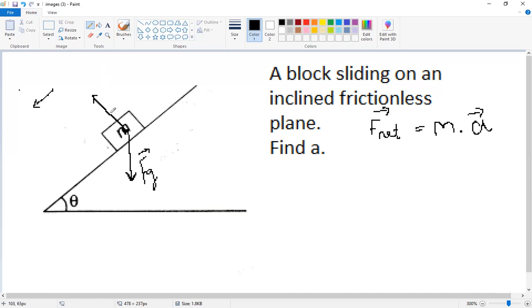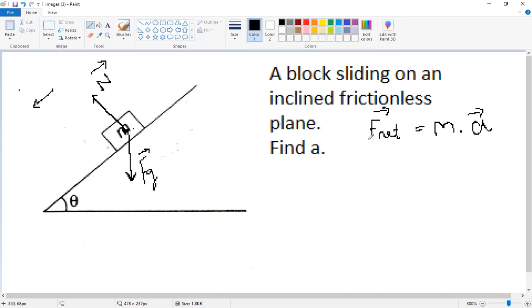As you can see in this vector here, it's perpendicular to this surface. The normal force is always perpendicular to the surface. These are the only two forces acting on the system, because there's no friction and no other force acting on the system.